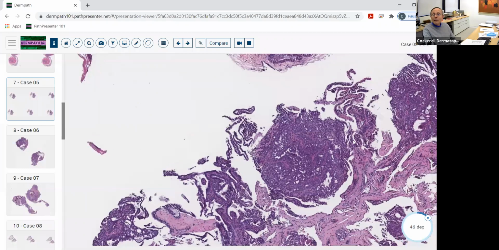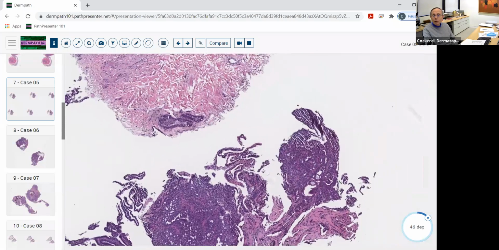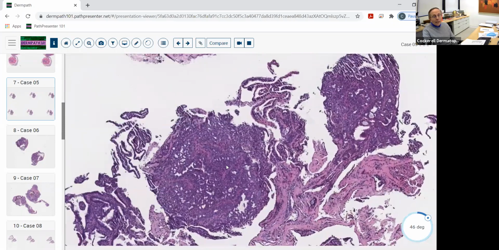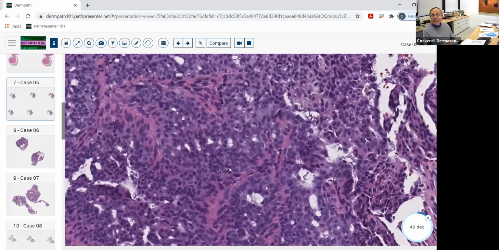Now, the one thing about these lesions that you do have to make sure of, because anything on the breast, you want to make 100% sure that it's not becoming cancerous. You don't want to miss a breast cancer that's arising in association or within one of these lesions. So obviously you look carefully for mitotic figures and things like that, but this lesion was totally benign and didn't have that. And it's important to not overcall things either.